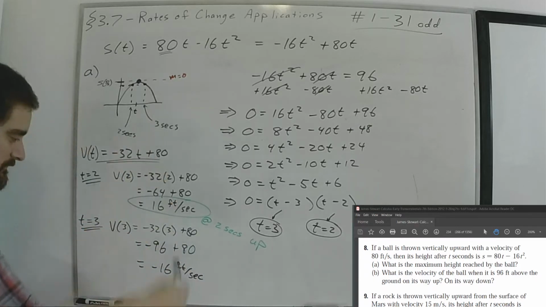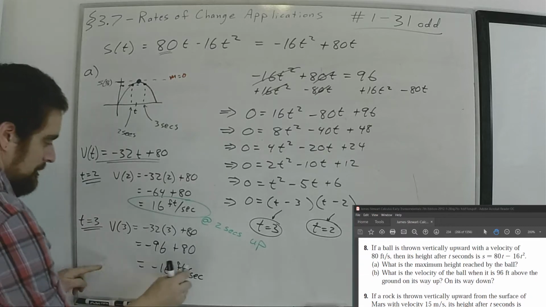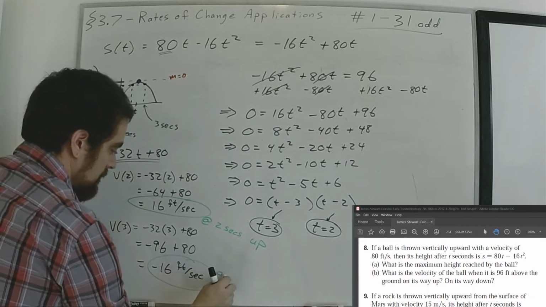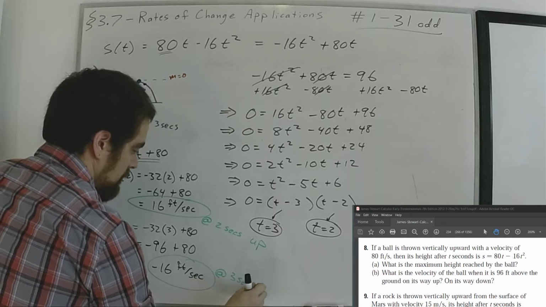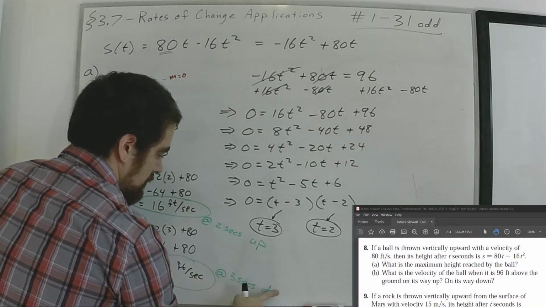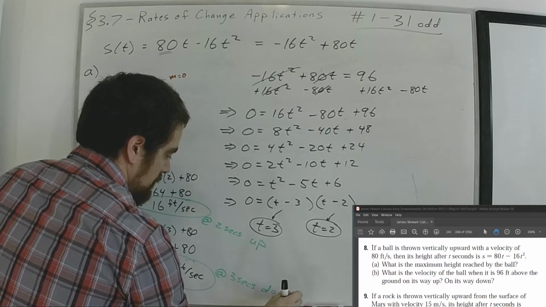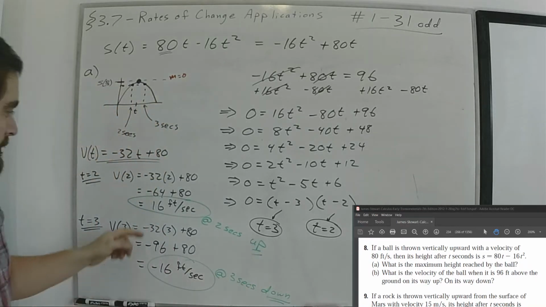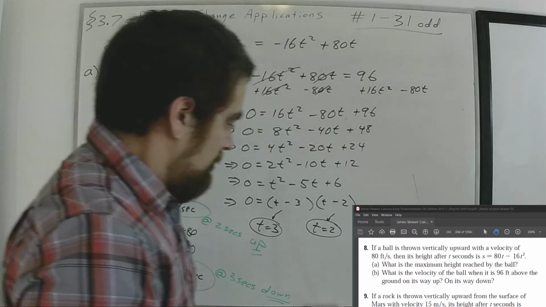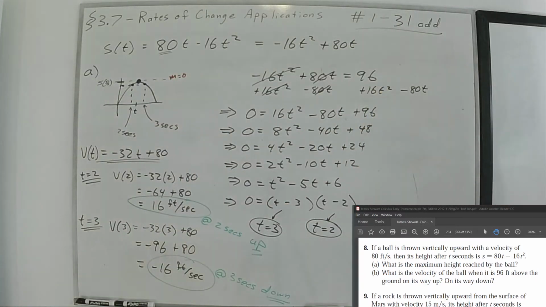It's negative because it's falling down. So that's at 3 seconds, aka on its way down. So we've got the correct velocity with the correct time stamp, and that solves part B.